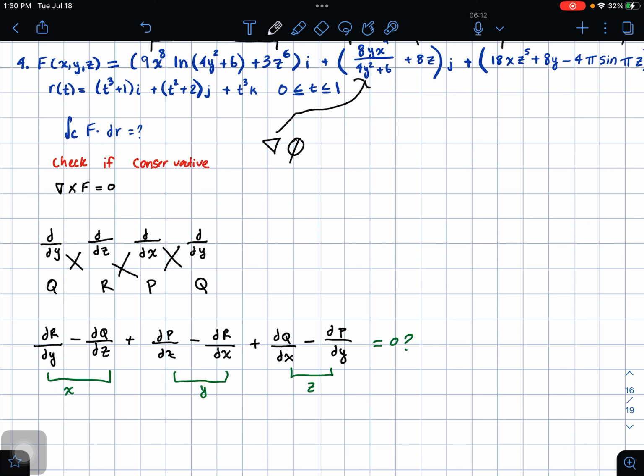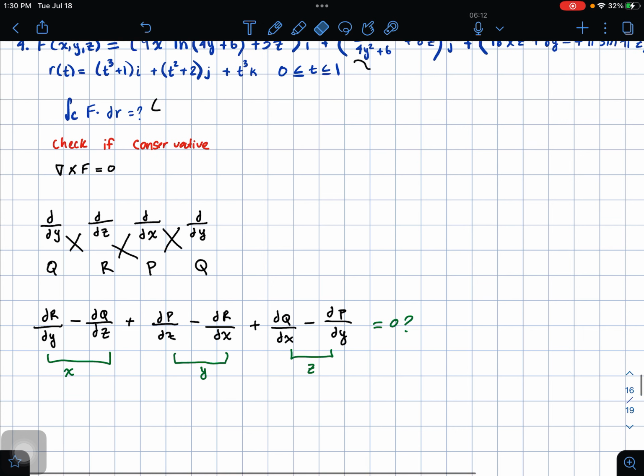Once you do that, you have some endpoint, and you can subtract the beginning point from it, and whatever you get is going to be the answer. That's why we're checking if it's conservative, because that gives us an easy way to solve it. It's not easy, but a way to solve it that we know.